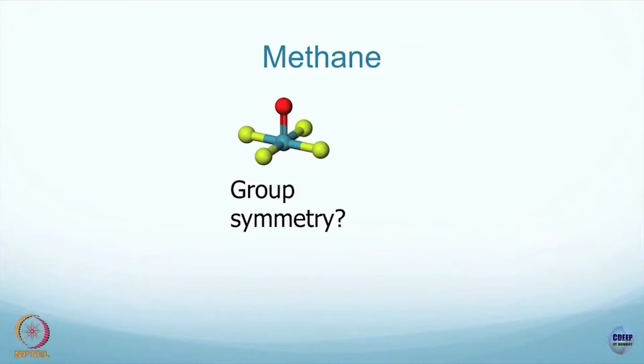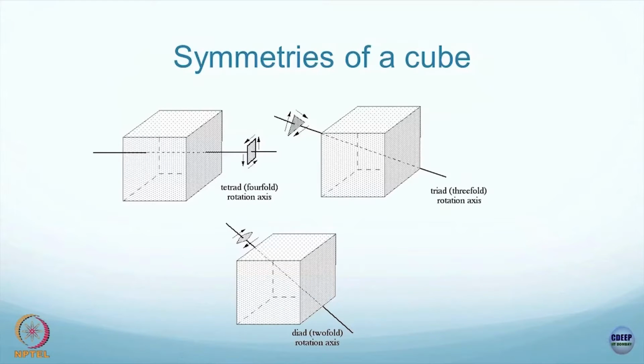So, here you have only one axis, so you do not need to worry so much about the principal axis, but if you see the cube, okay, the cube has 4-fold axis rotation. How many of them are there? There will be 3 of them, right. If you do a rotation about this axis, the cube remains, the configuration remains the same, but there can be 3 axes, right, one this way and then the other face, right.